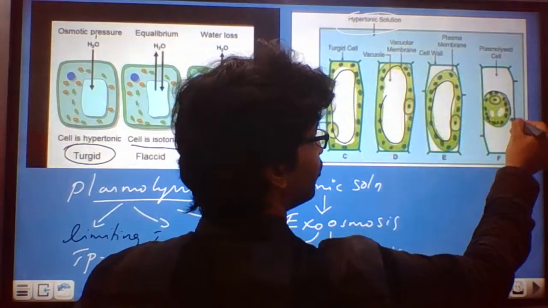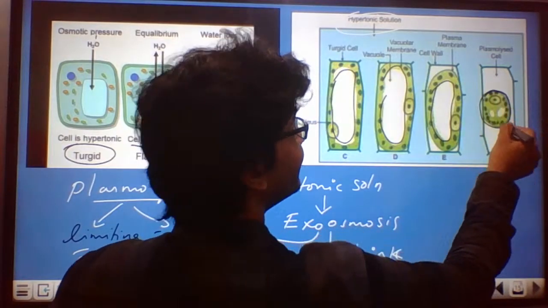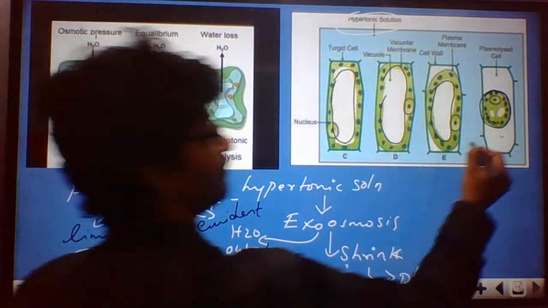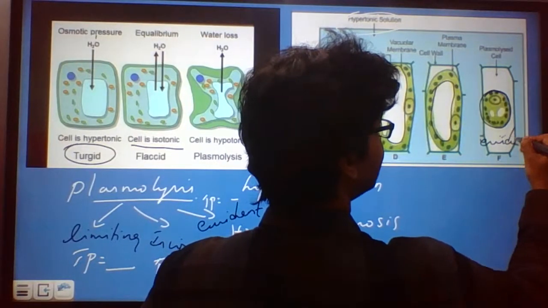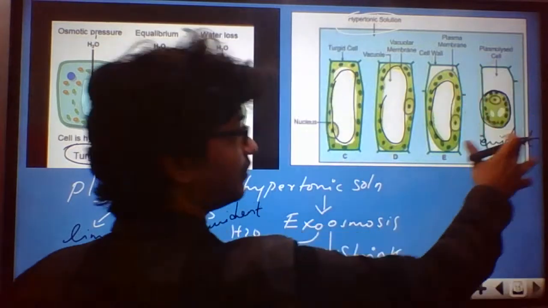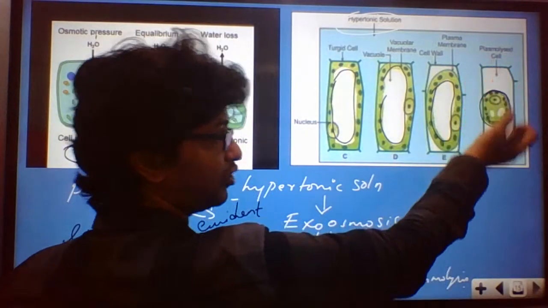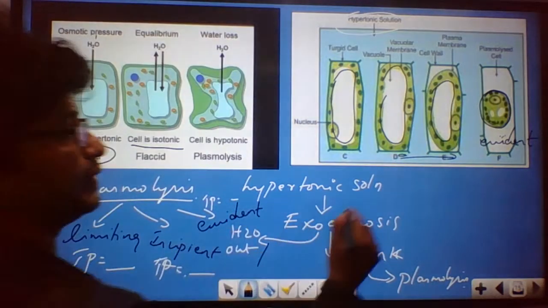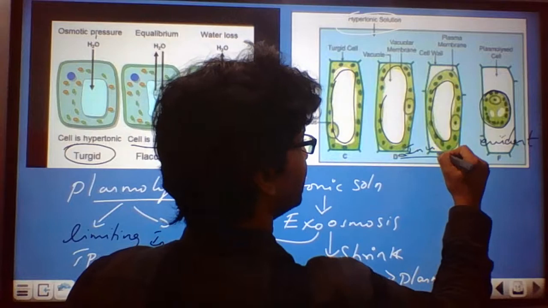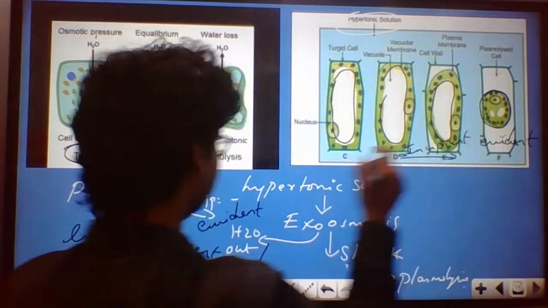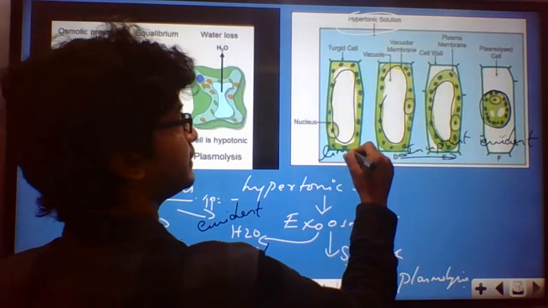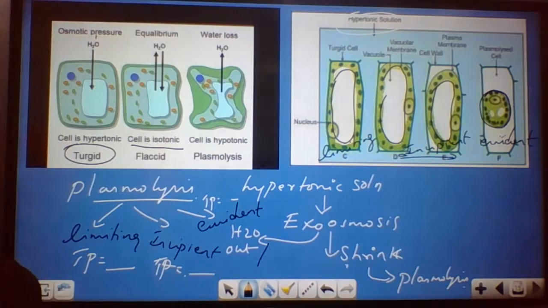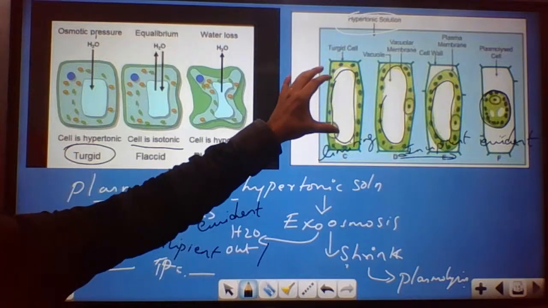At last, the protoplasm size shrinks completely inside, and this is the evident plasmolysis, where the vacuole size is reduced and the protoplasm has almost shrunk. These two stages we call incipient plasmolysis, and this one is limiting plasmolysis, based on the size of the vacuole and the protoplasm.